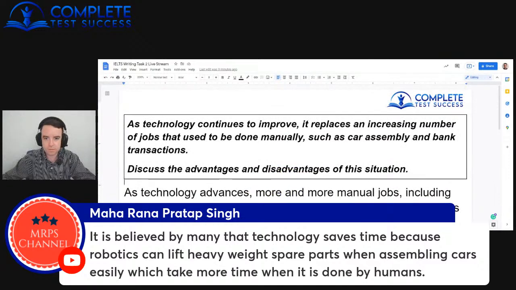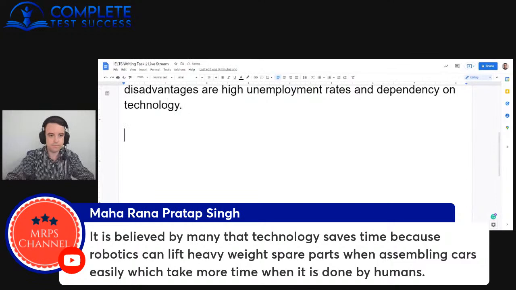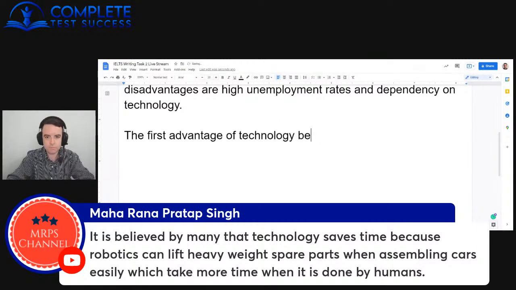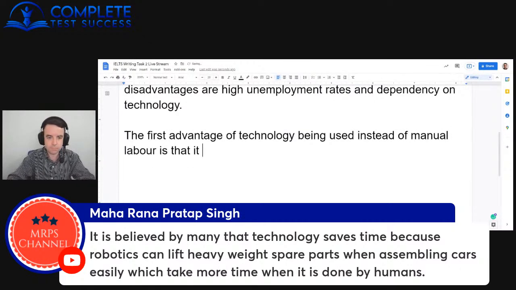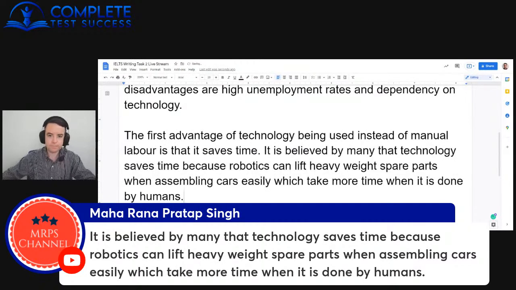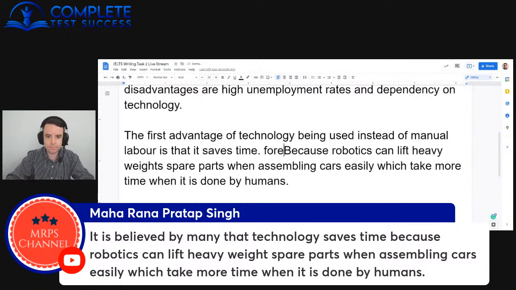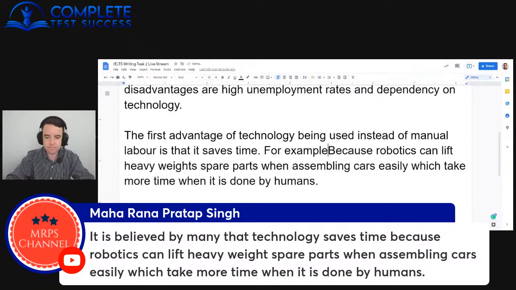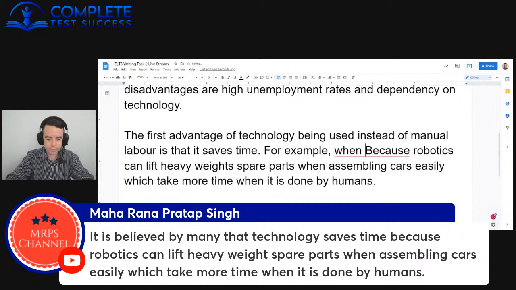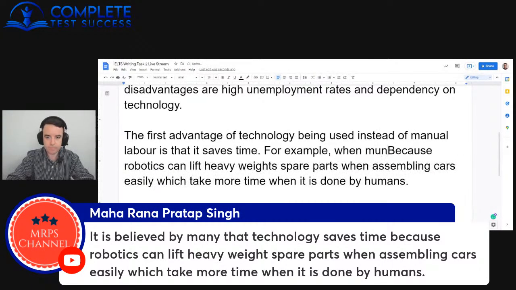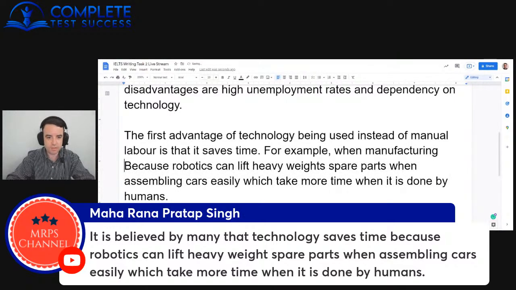So what we have, technology is used, because robotics can lift heavy weights, for example, when manufacturing automobiles.